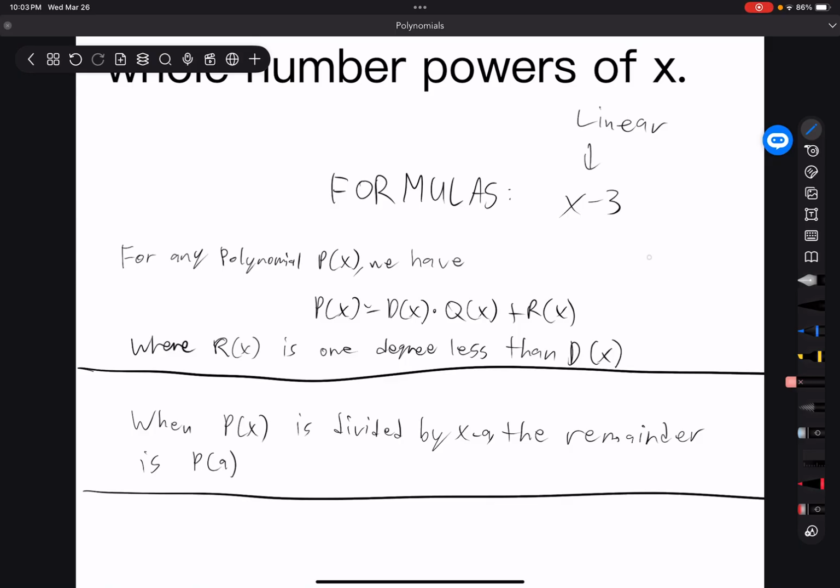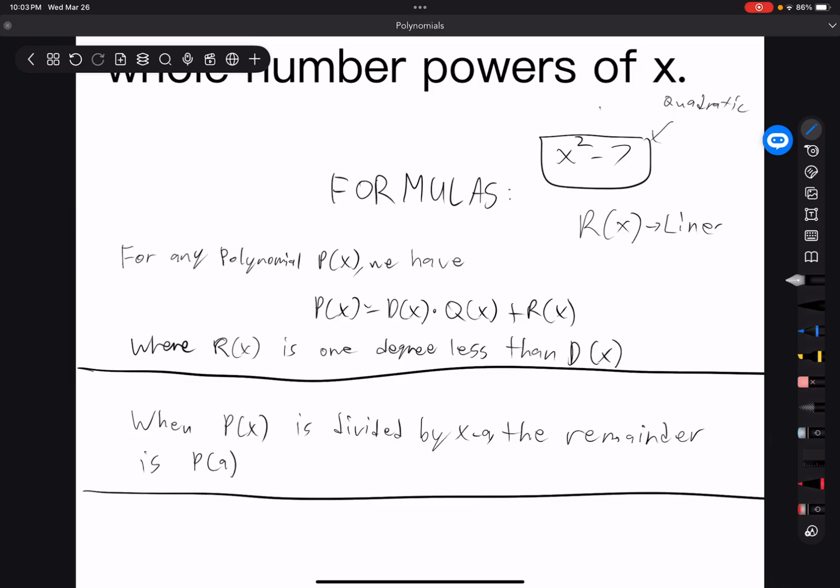Or let's say d of x was not x minus 3, but x squared minus 7. This is quadratic, meaning that our r of x would be linear, or be expressed in the form ax plus b.